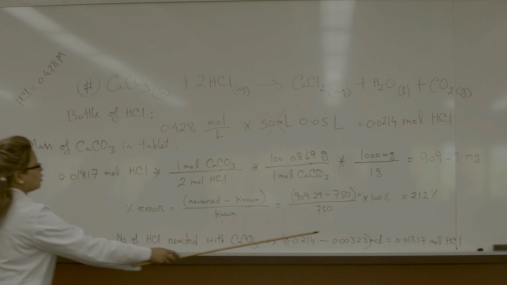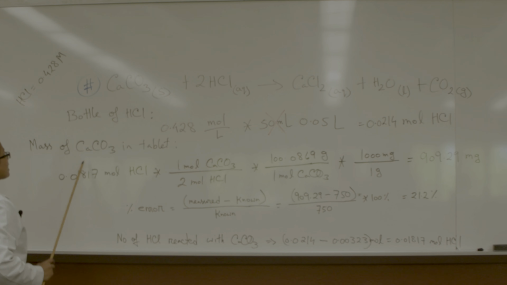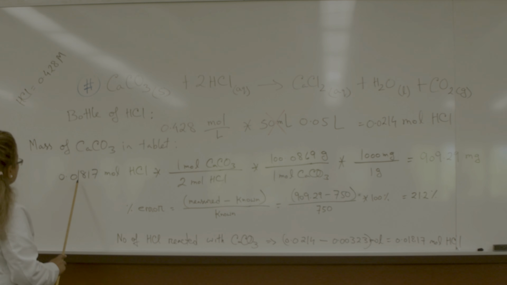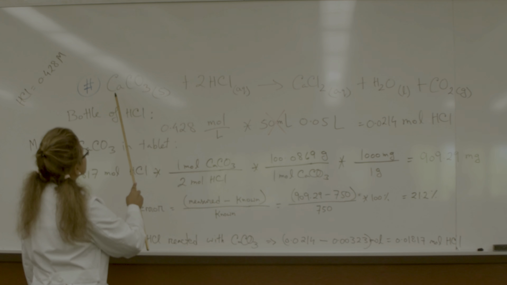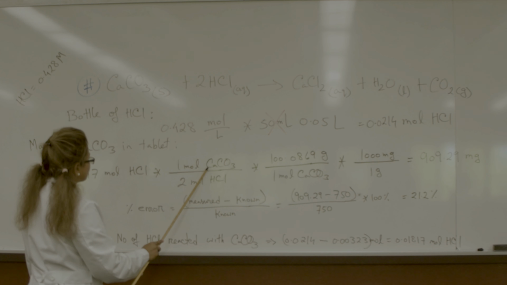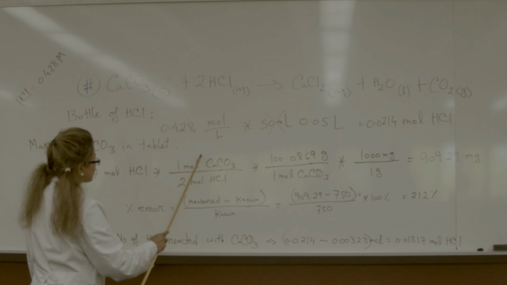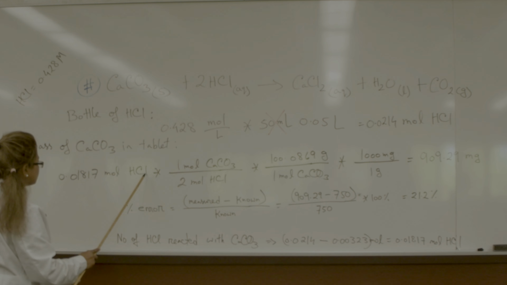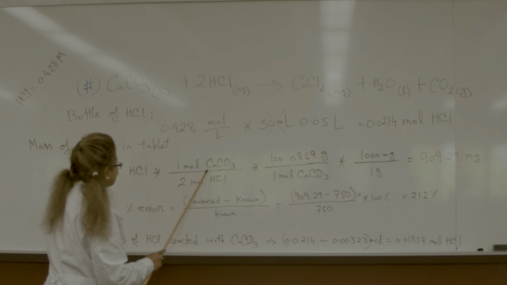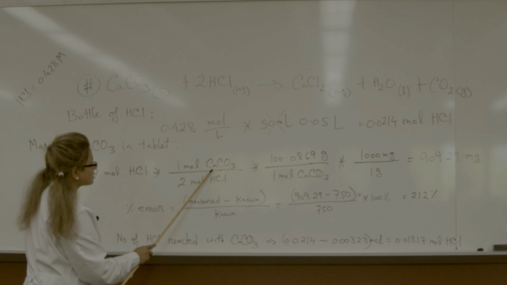So this 0.01817 mole of hydrochloric acid reacts with calcium carbonate, 2 moles of hydrochloric acid to 1 mole of calcium carbonate. As I want to know the mass of calcium carbonate, I should cancel my hydrochloric acid, right? So I cancel the hydrochloric acid, and I get the moles of calcium carbonate.